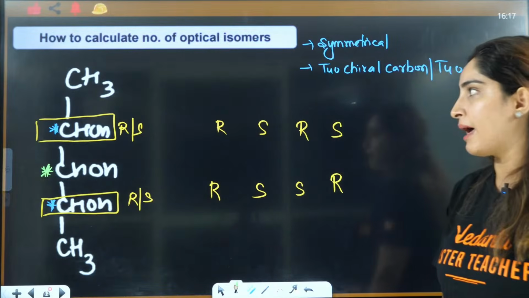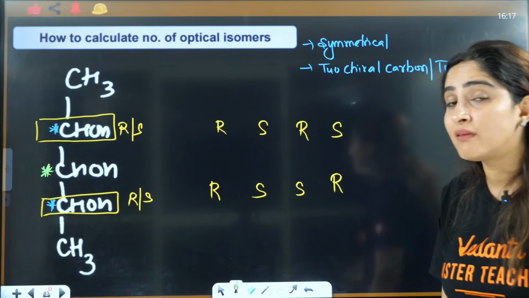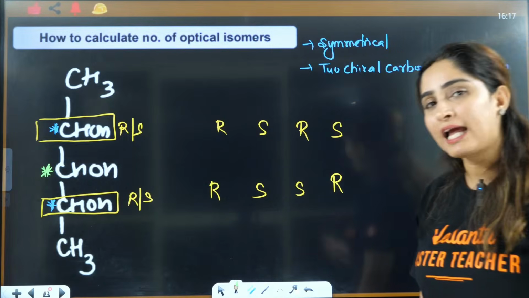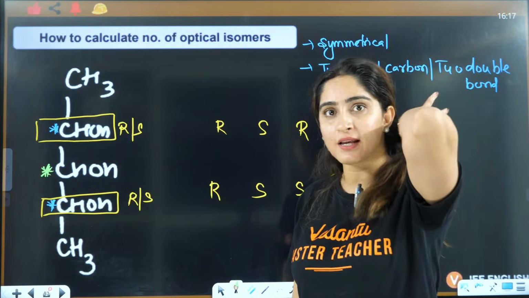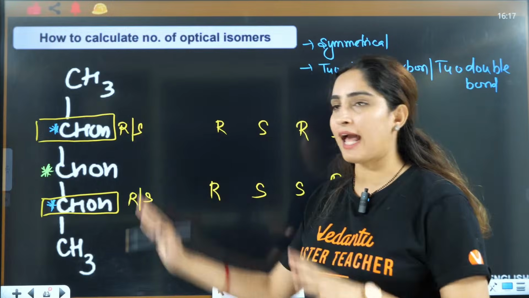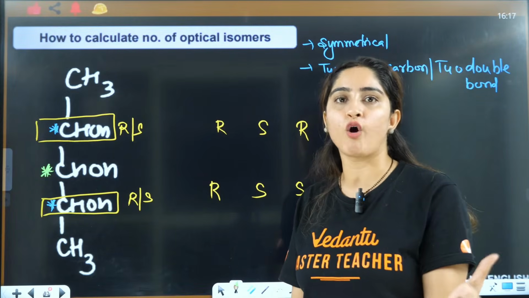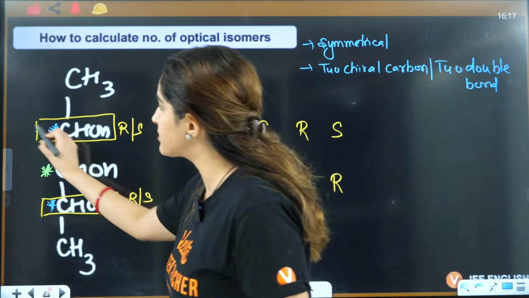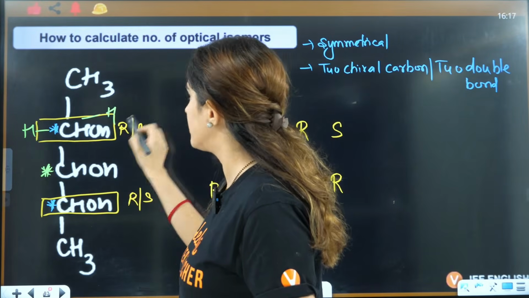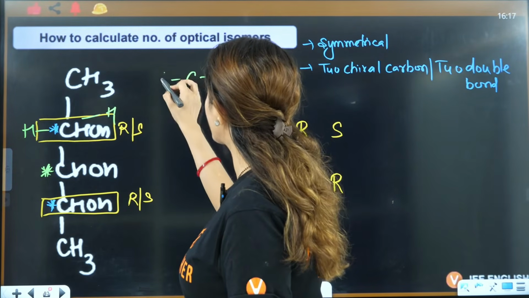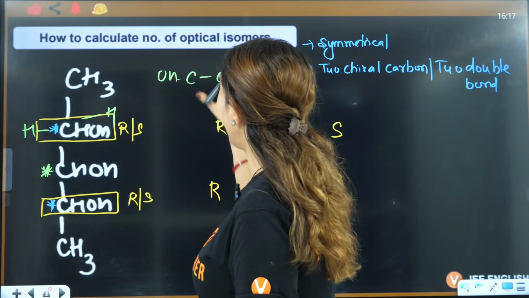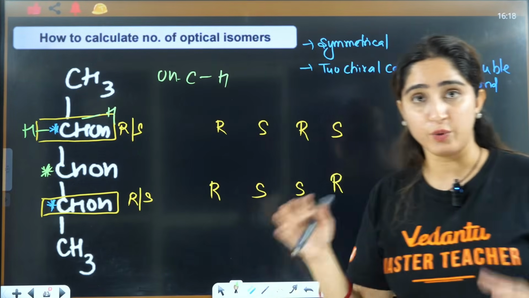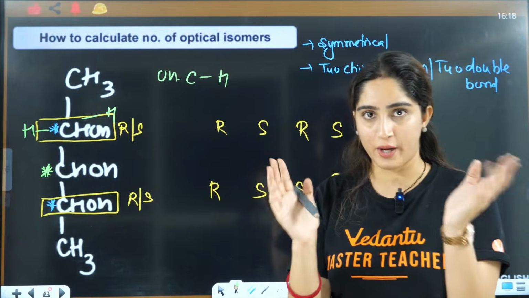Right? And ma'am, how can we calculate the R and S configuration? That we'll talk about in the next class. Actually, for R and S configuration, you need to see whether H is here or H is here. Whether it's OH and H or it's OH and H. From that, you need to see where is H, where is OH.